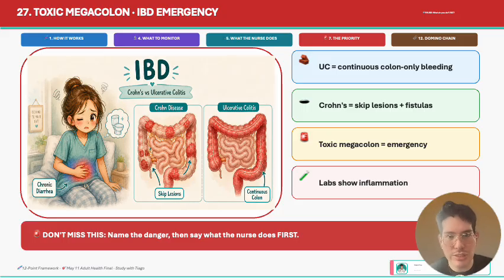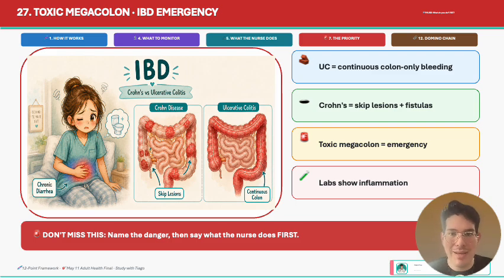The medication trap is antidiarrheals, such as loperamide, right? During an active severe IBD flare, slowing the bowel can worsen dilation and increase risk, right? Opioids can also slow motility and complicate the picture.